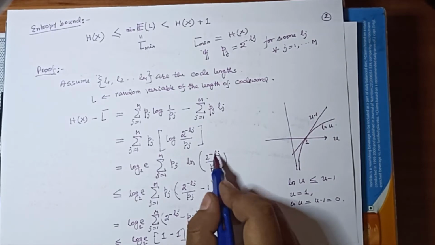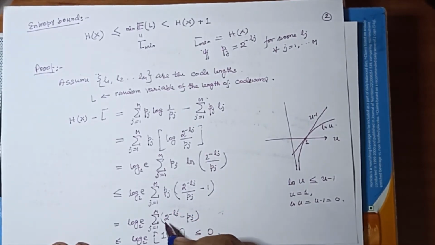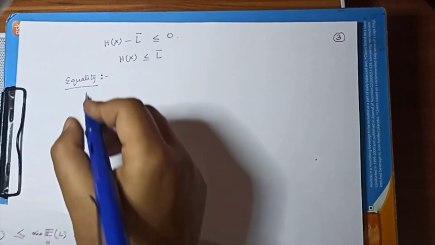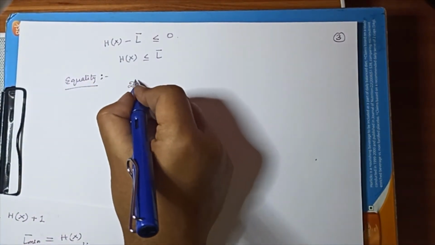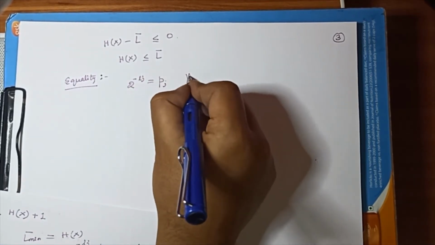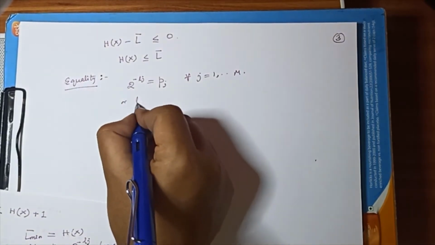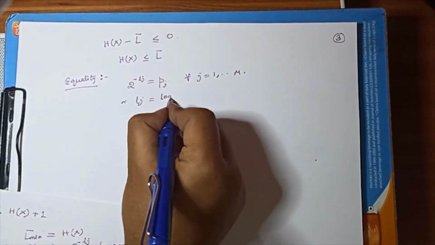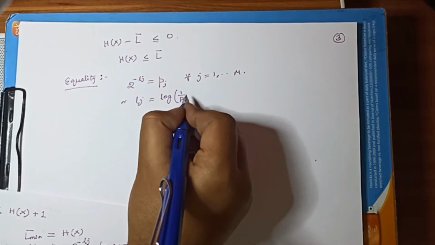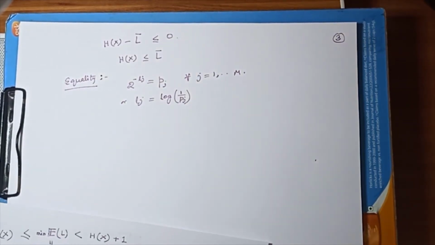So 2 to the power minus Lj is equal to Pj, and that will ensure the equality of the Kraft inequality as well. So equality will arrive if 2 to the power minus Lj is equal to Pj for all j, or I can say Lj is equal to log of 1 by Pj. So if that is the case, then the equality arrives.